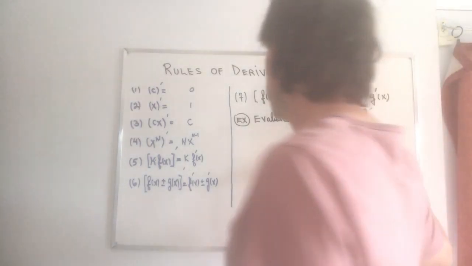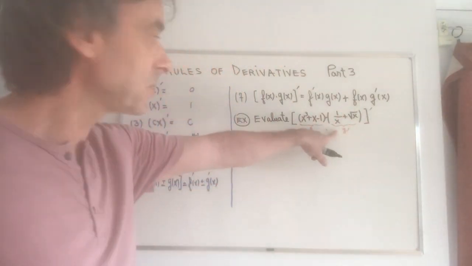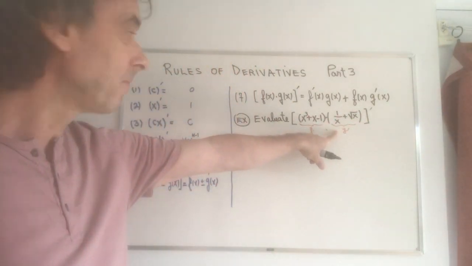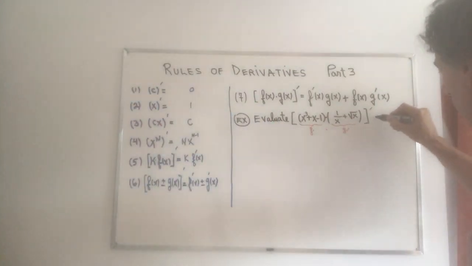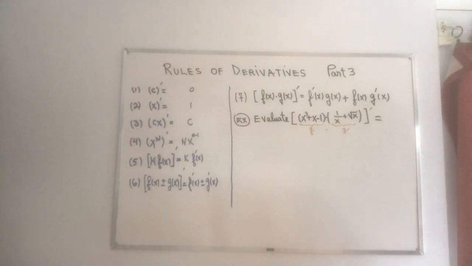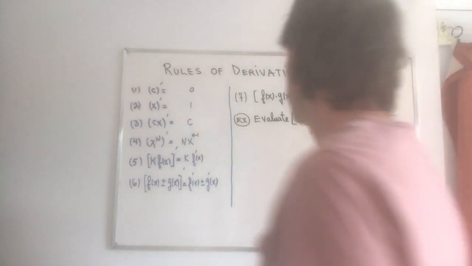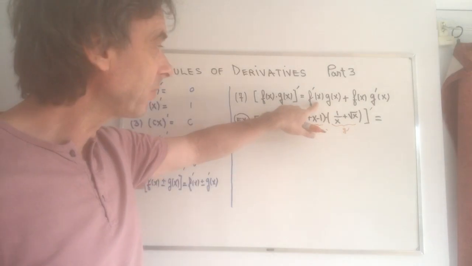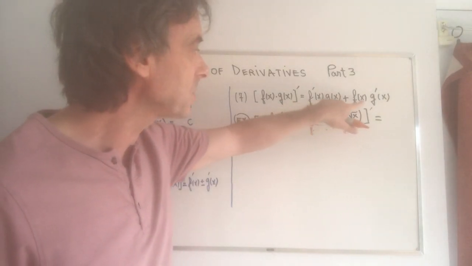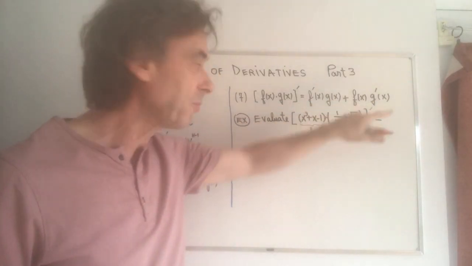And G is 1 over x plus root x. Yep. So what's the prime of this product? Let us follow our formula to a T. It goes like F prime times G plus F times G prime.